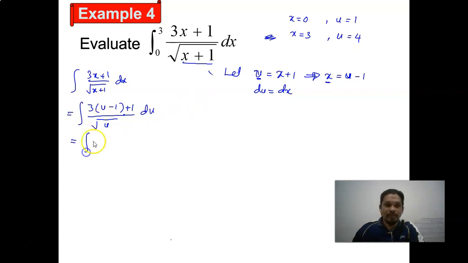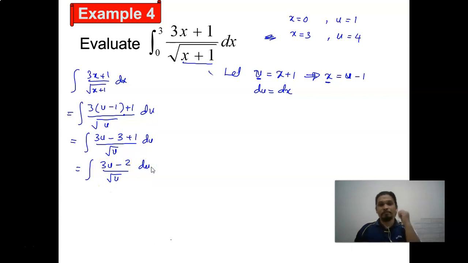So integrate this: 3 times u, 3u minus 3 times 1, equals 3 plus 1 divided by the square root of u du. Okay, so 3u, negative 3 plus 1, minus 2, divided by the square root of u du.